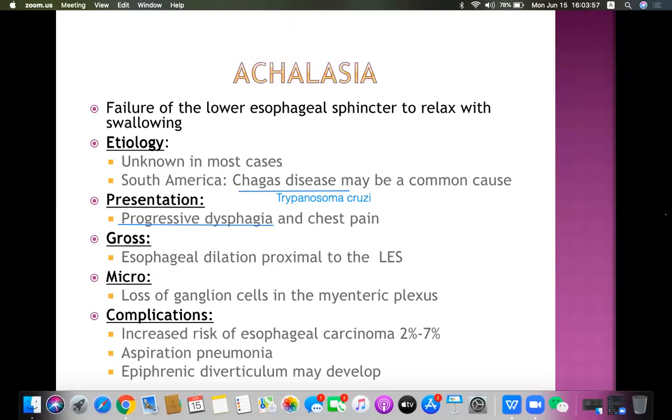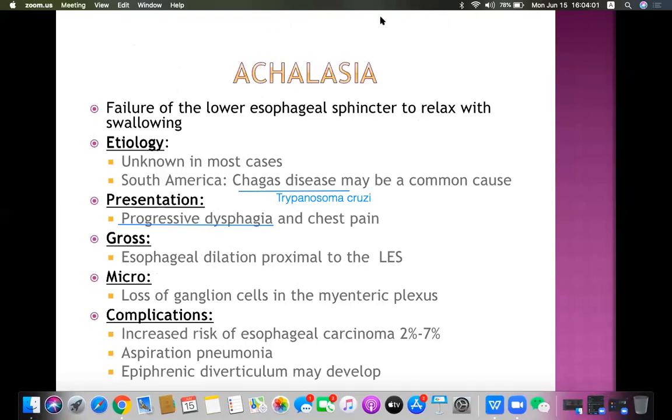At the same time, because of constant peristaltic movement of the proximal part of the esophagus, there is chest pain also. Just understand it like this: the upper part of the esophagus is constantly contracting, resulting in chest pain.